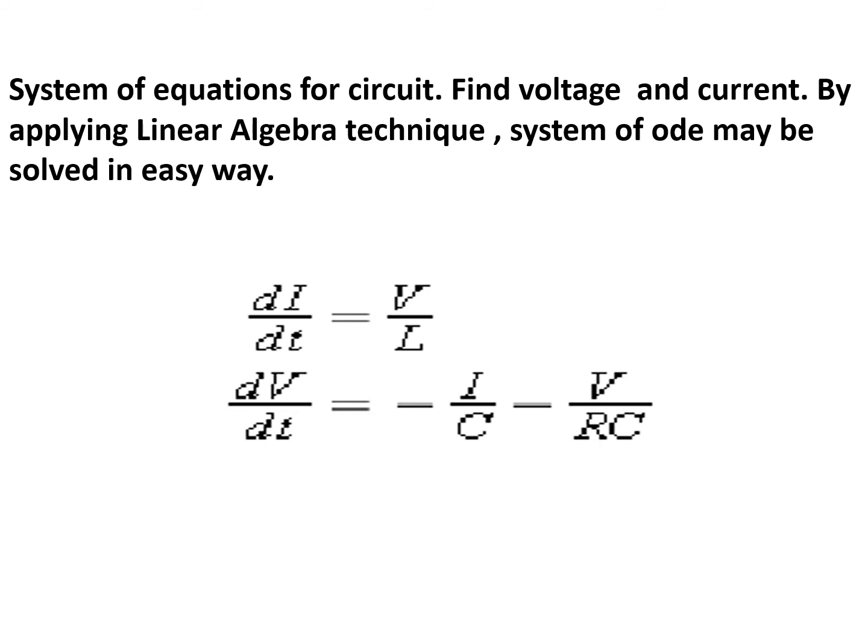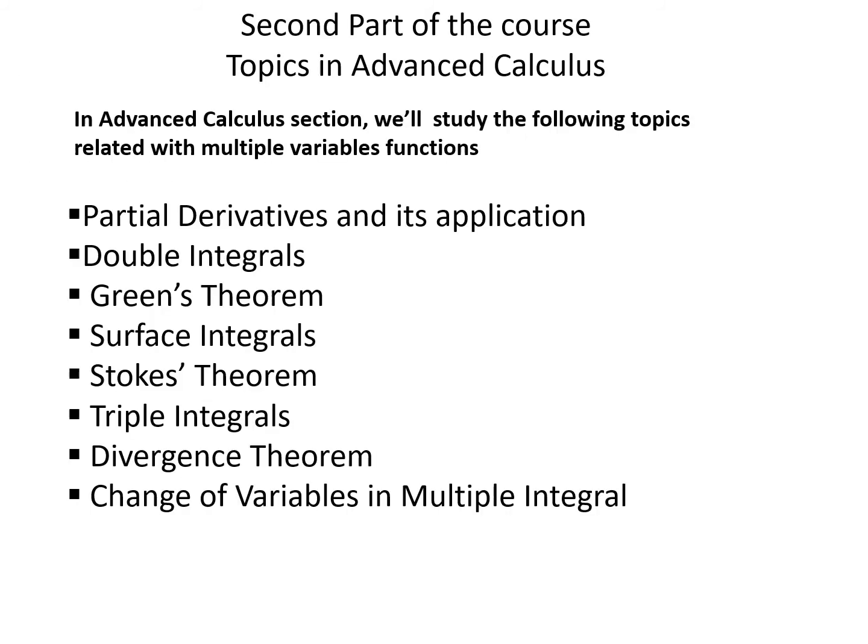So it will give us a system of equations. Again we have to apply the linear algebra technique to find its solution. So these two examples tell us the importance of the techniques of linear algebra in various fields.